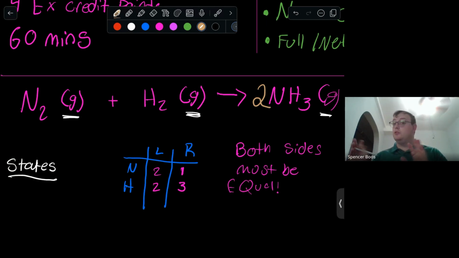Important thing: you can only put numbers in the coefficients of the equation. You can't change any compounds. This 2 you multiply into it. So instead of 1 nitrogen, now I have 2. Instead of 3 hydrogens, I have 6. Now I ask myself, are both sides equal? Let's check. Nitrogens are equal, that's good.